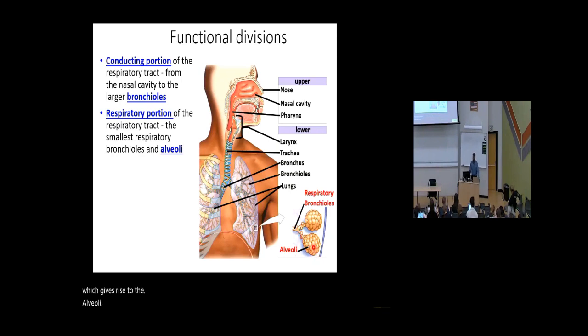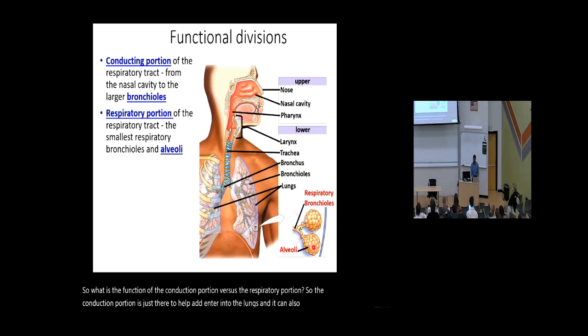So what is the function of the conduction portion versus the respiratory portion? The conduction portion is just there to help air to enter into the lungs, and it can also help air to leave as well. And in the respiratory portion, that's where you have gas exchange taking place.